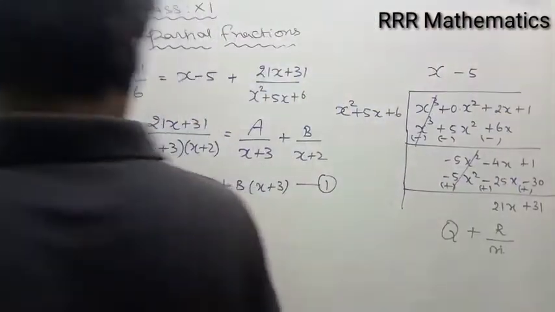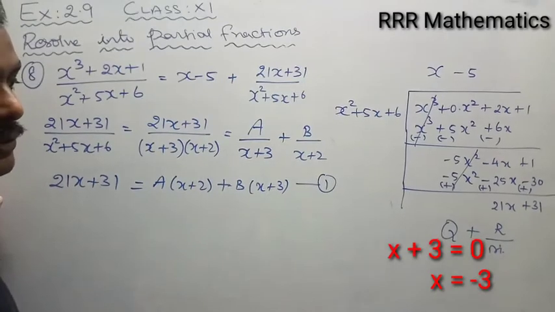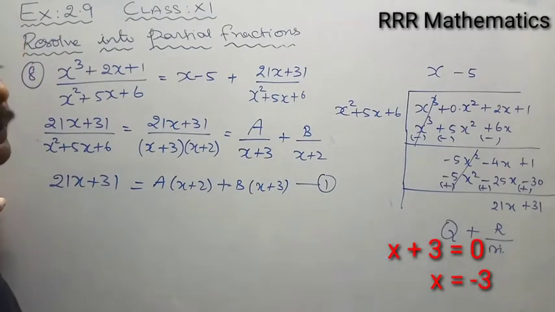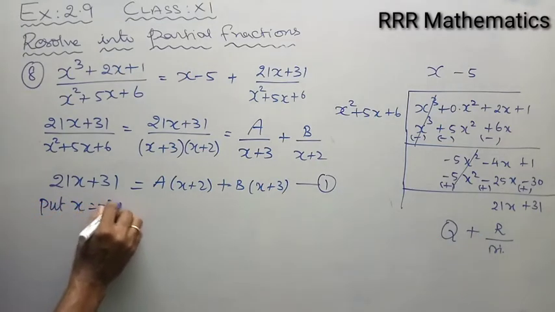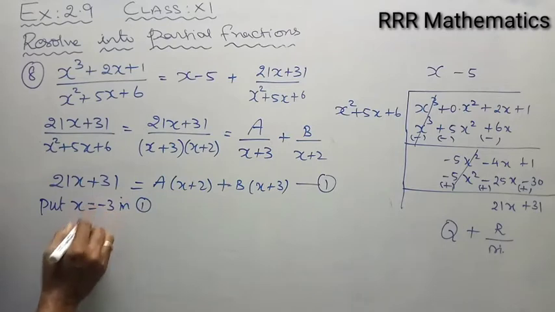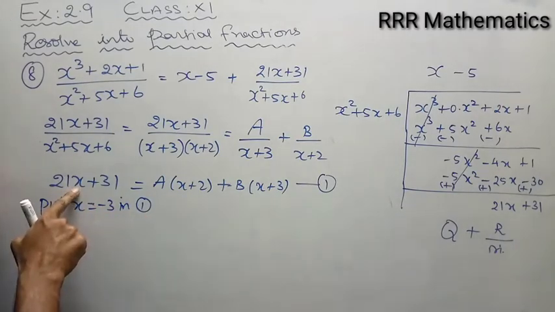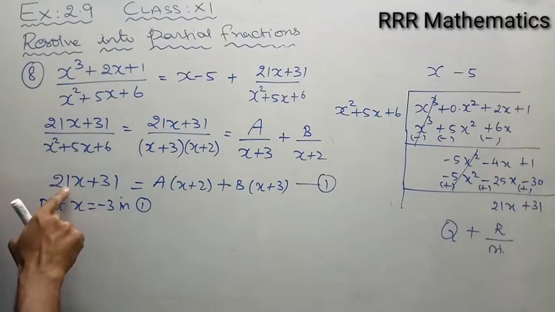Now equate the denominator of a, which is x plus 3, equal to 0. It gives x equal to minus 3. Put x equal to minus 3 in equation 1. Minus 3 into 21, minus 63.